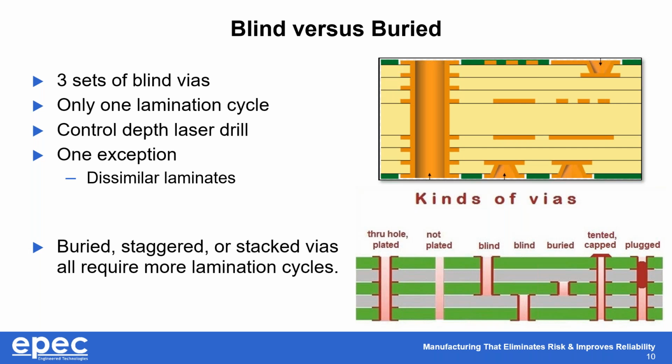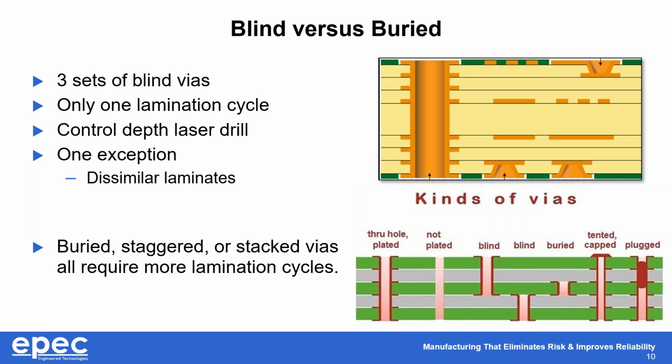There is one exception, and that is one of those outer layers with a dissimilar laminate, but the reality is that this particular one, because the micro vias were on the outer layers and not on the inner layers, we're able to only do one lamination cycle, which takes a lot of cost and a lot of processing out of the total overall processing. Buried, stacked, or staggered vias all require more lamination cycles.